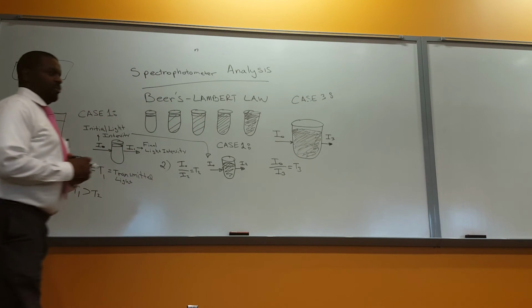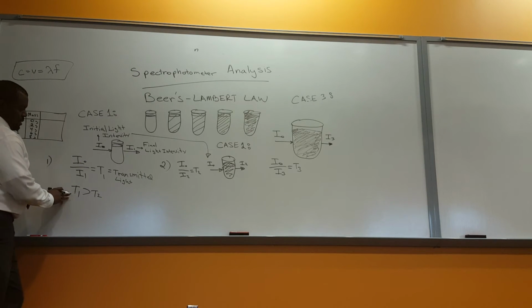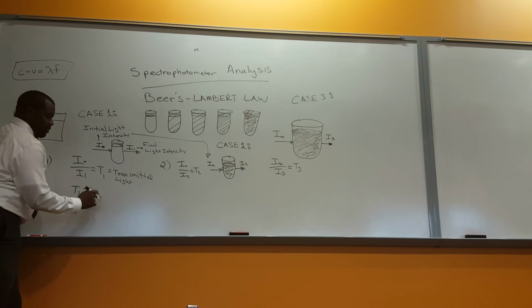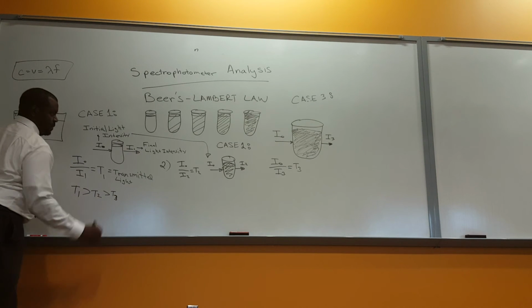And T sub 3 is going to be greater than, less than, or equal to T1 and T2. Less than, right? So here, T1 is greater than T2, and T2 will be greater than T3 for 2 reasons.